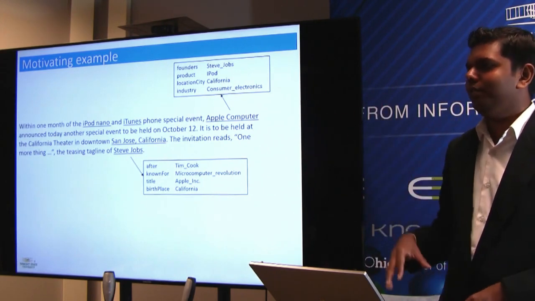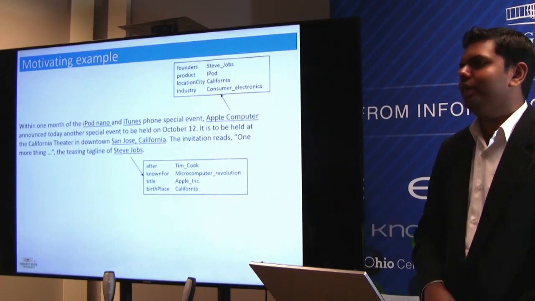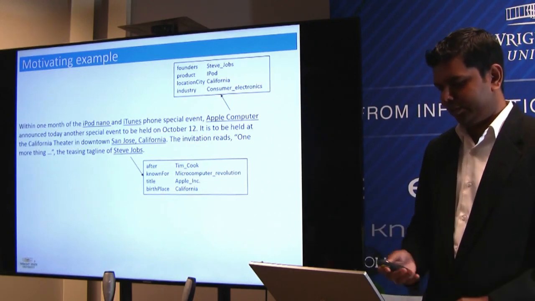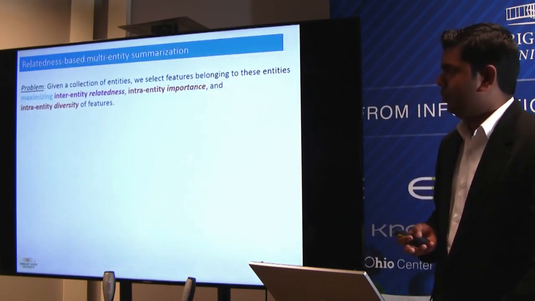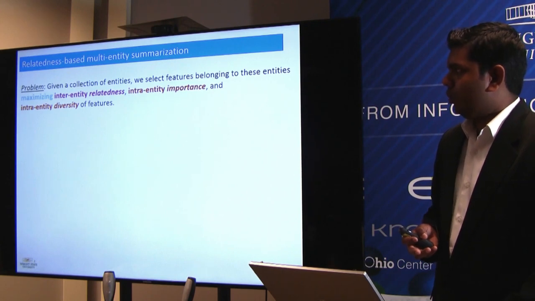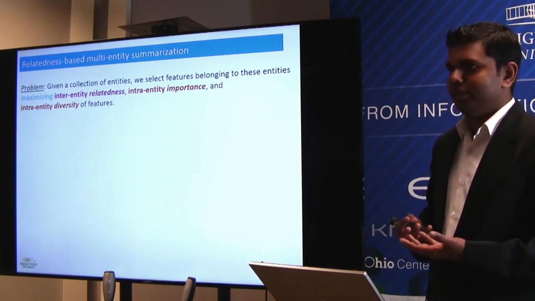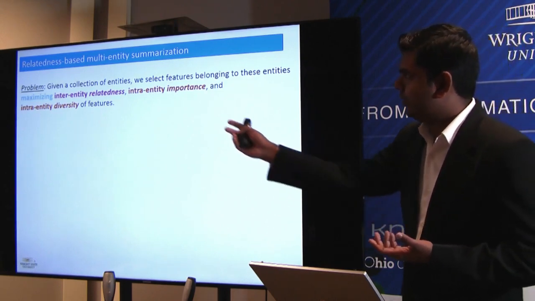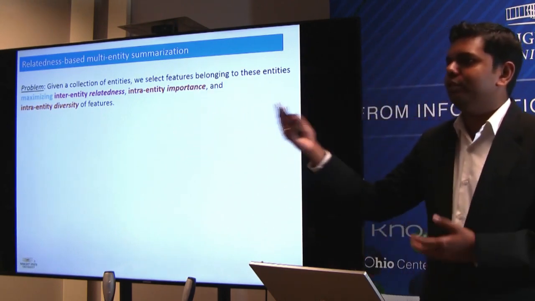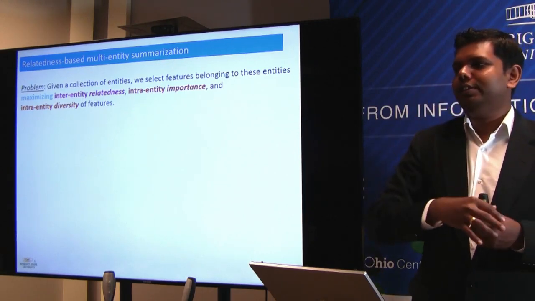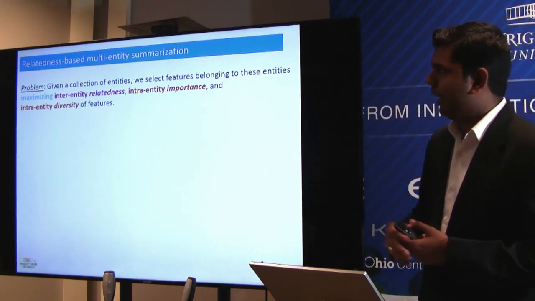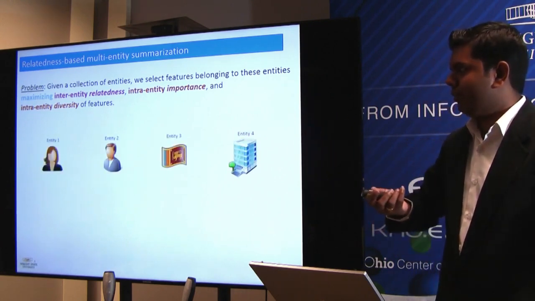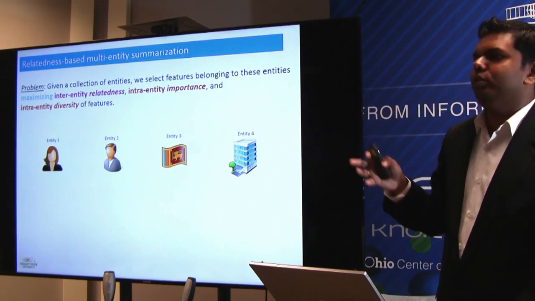So we also believe that the results we get could be further improved because we are proposing how to maximize relatedness. If I go to the problem that we want to solve here, we want to maximize these three optimization objectives. We want to maximize inter-entity importance and diversity, which we already have been considering in our previous two approaches. In addition, we want to do the inter-entity relatedness. So the idea is you get different types of entities.